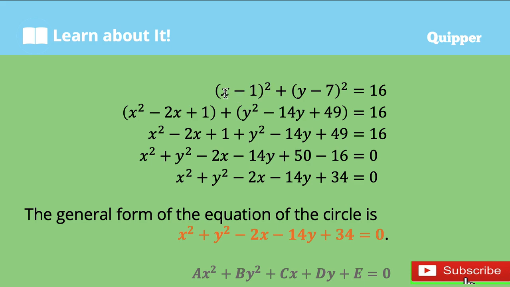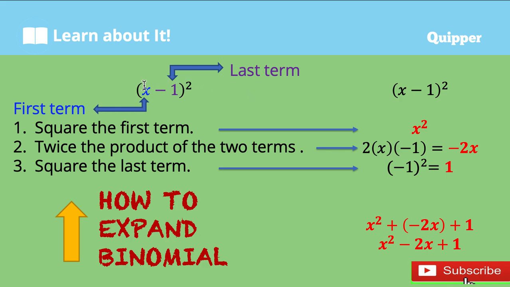We have to expand x minus 1. In our binomial, x is the first term and negative 1 is the last term. To expand this, we have to follow these simple steps.